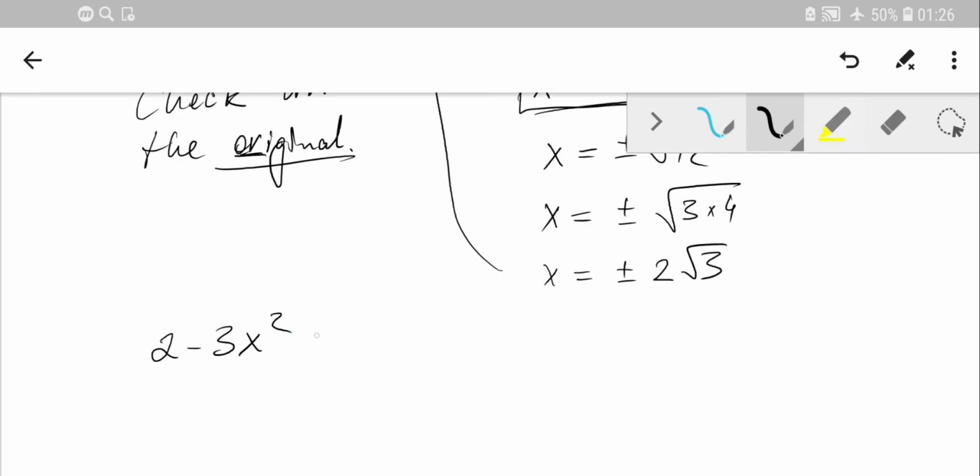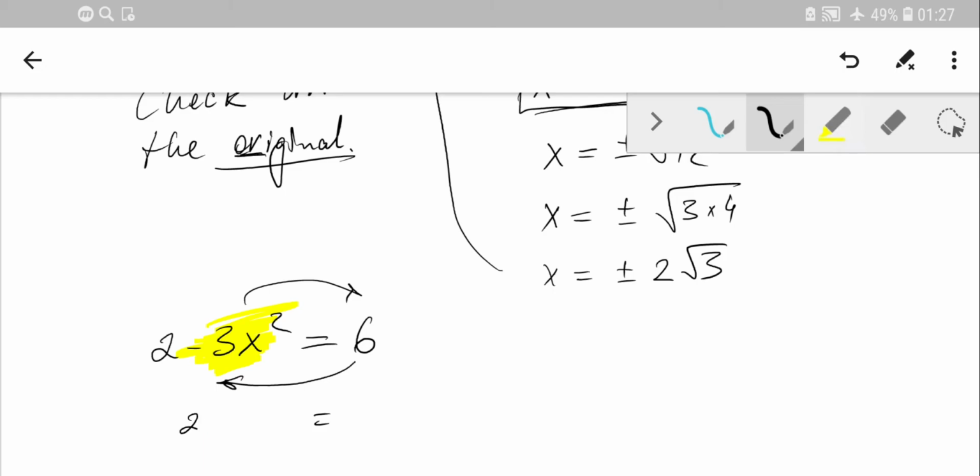2 minus 3x squared, let's say, equals 6. All right, so from here, we want to leave negative 3x squared on one side. But you can transfer it to the right side and transfer 6 to the left.